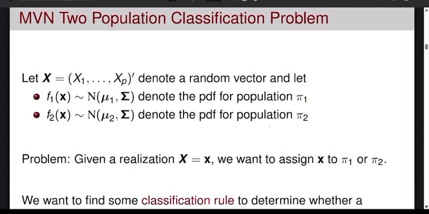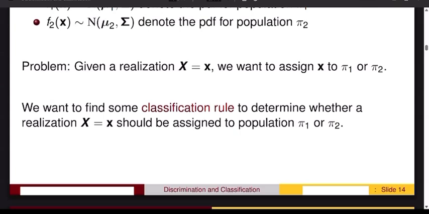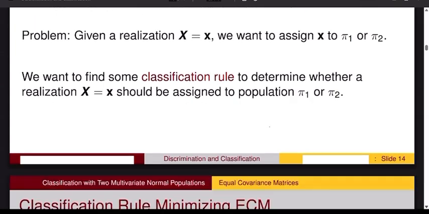And of course, there is a probability density function for the two groups, and that is going to be multivariate normal for the first group, multivariate normal for the second group. And we actually want to assign an observation to a group.